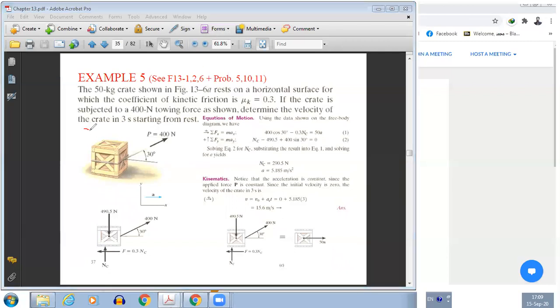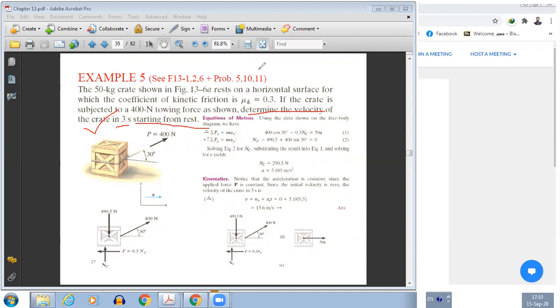We have the crate here. A force of 400 N is applied. Initially the crate was at rest. We need to determine the velocity of the crate, the final velocity, in 3 seconds. So this is a case where we can say that acceleration is constant.